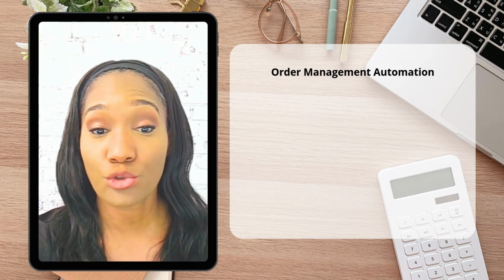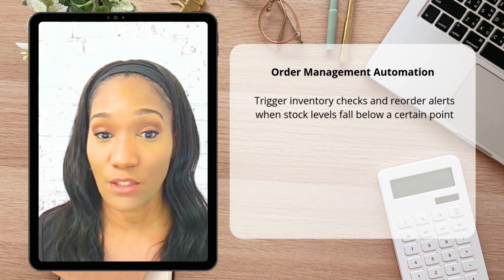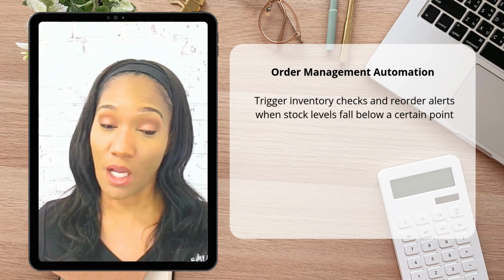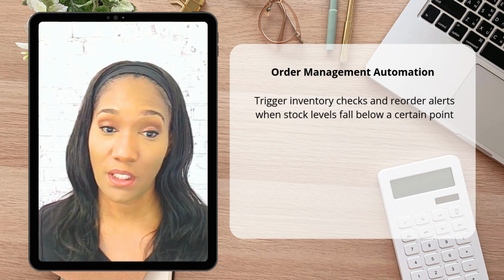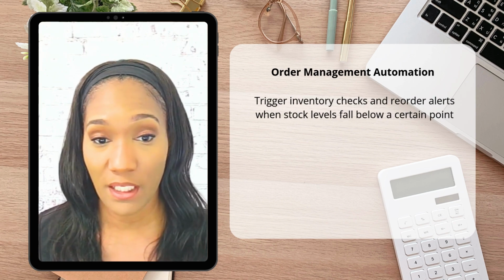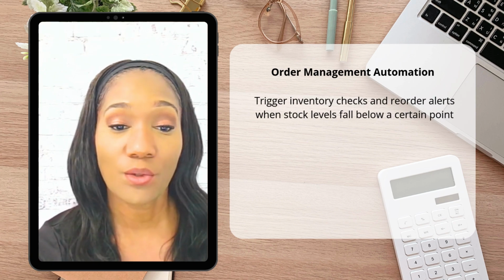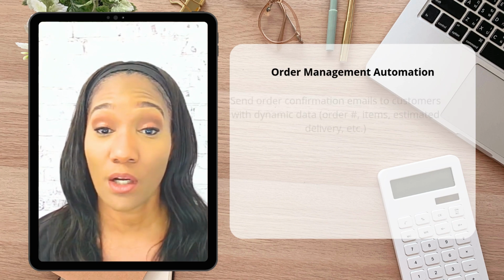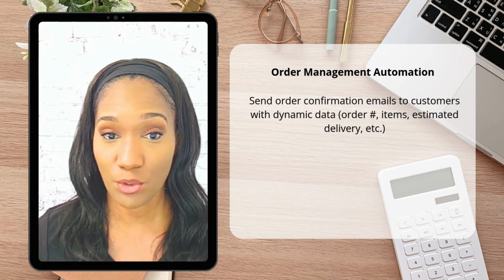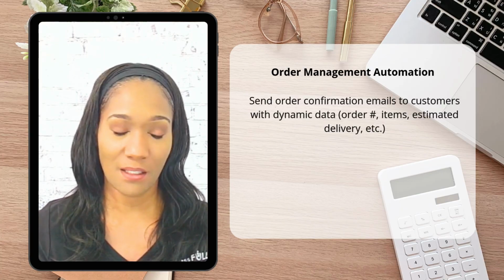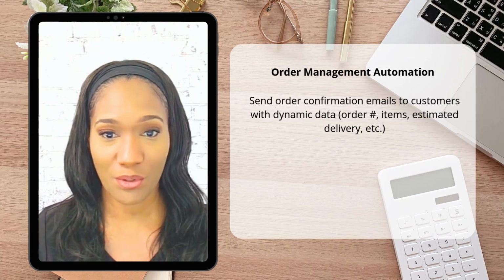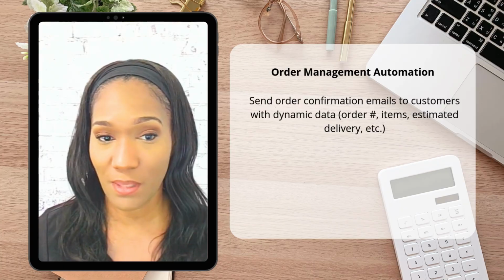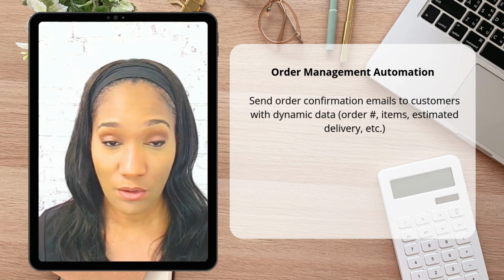You could also trigger inventory checks and reorder alerts when your stock levels fall below a certain point if you have products that you sell and keep in inventory. Another way is to send order confirmation emails to your customers with the dynamic data, meaning their order number, their name, their address, their estimated delivery, the items that they've ordered.